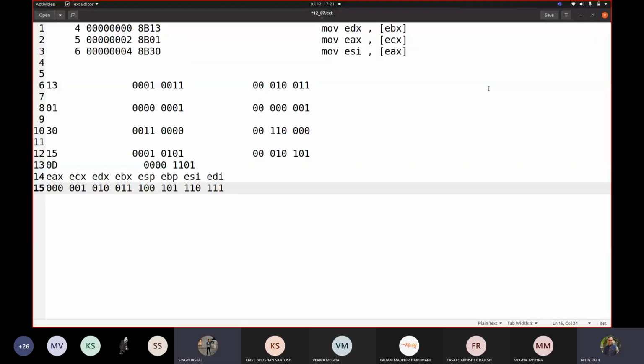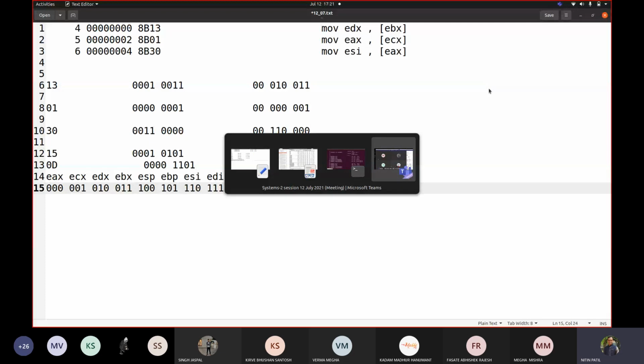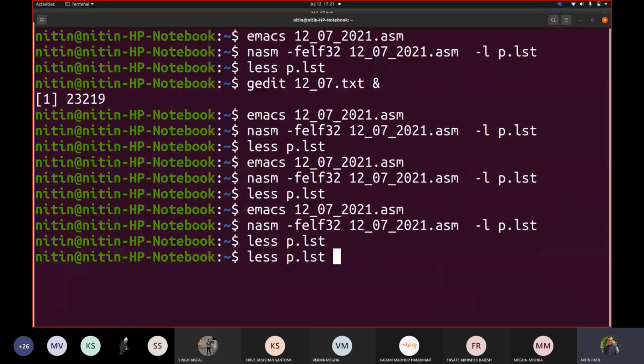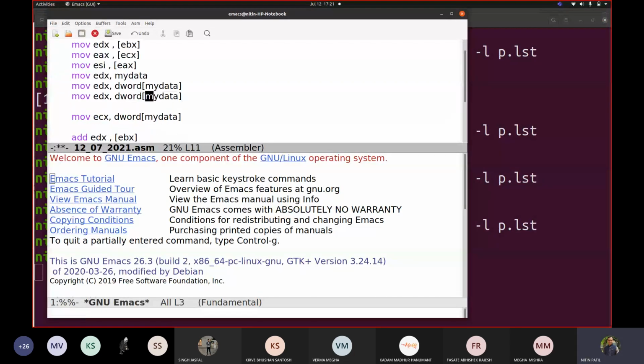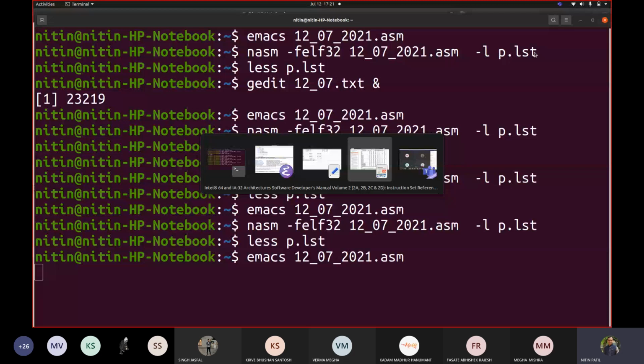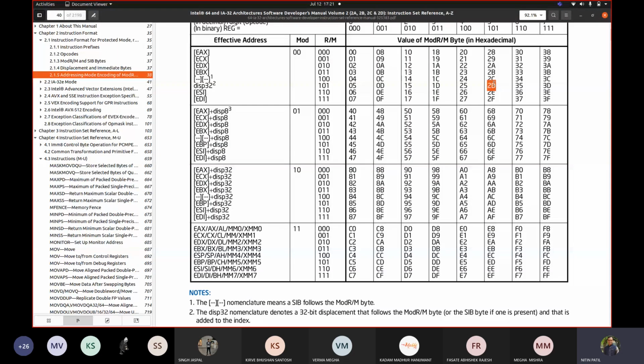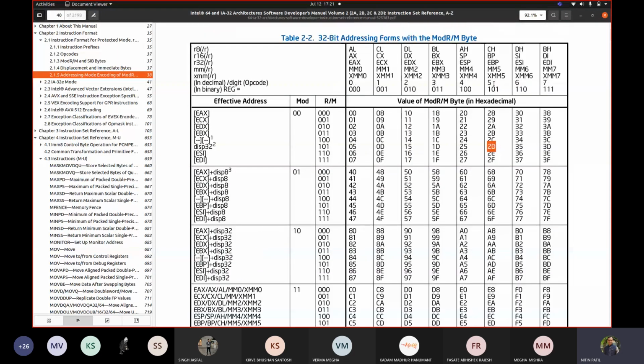So let us go to this Emacs. Sorry, I hope I terminated that code. In Emacs, I take Control K, Control Y. So I take EBP, correct? That's what we saw. We had taken that EBP. 2D is here, right?